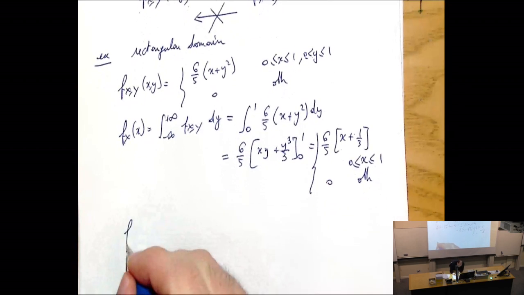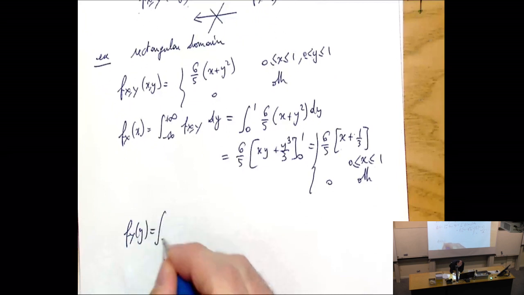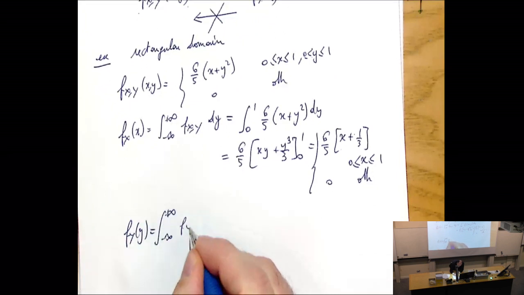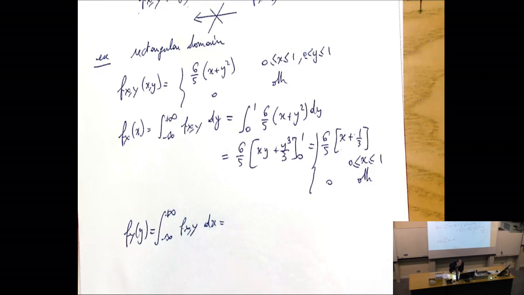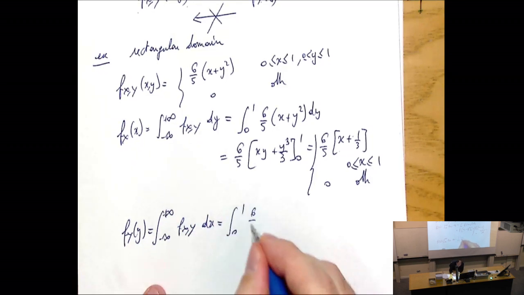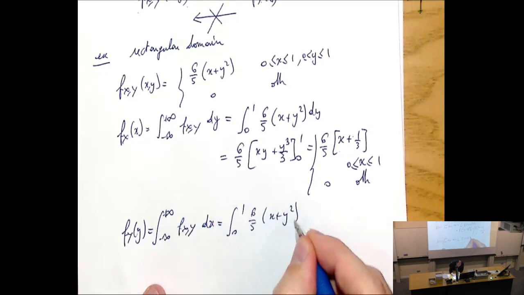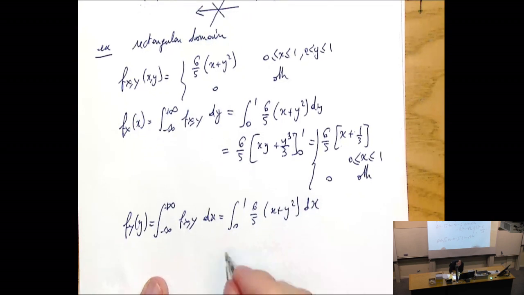Right, same for the marginal of y: the integral between minus infinity and plus infinity of this joint PDF, which is the integral between 0 and 1 of 6 over 5 times (x plus y squared) dx this time.